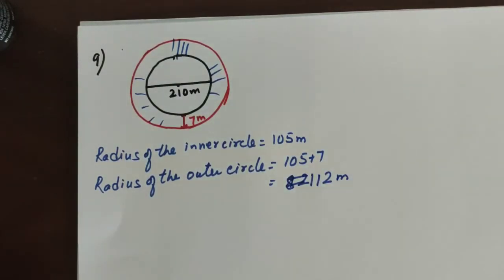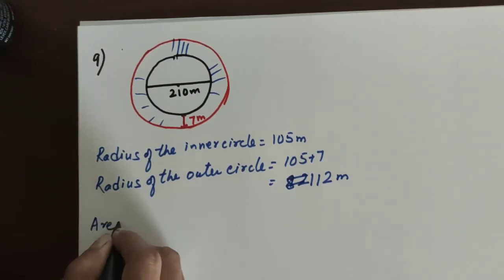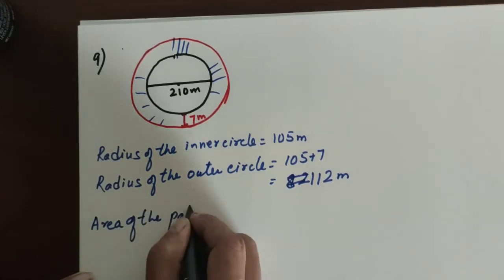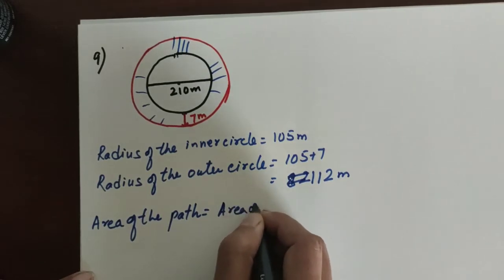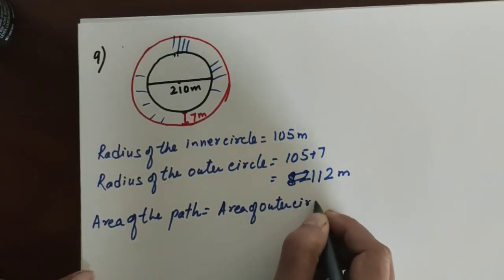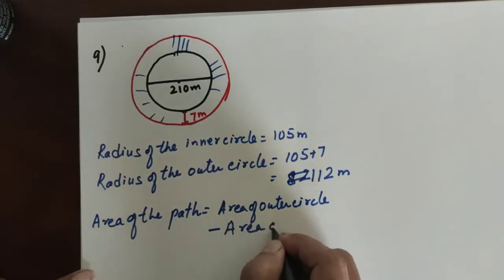This is the outer circle. Now the area of the path is equal to the area of the outer circle minus the area of the inner circle.